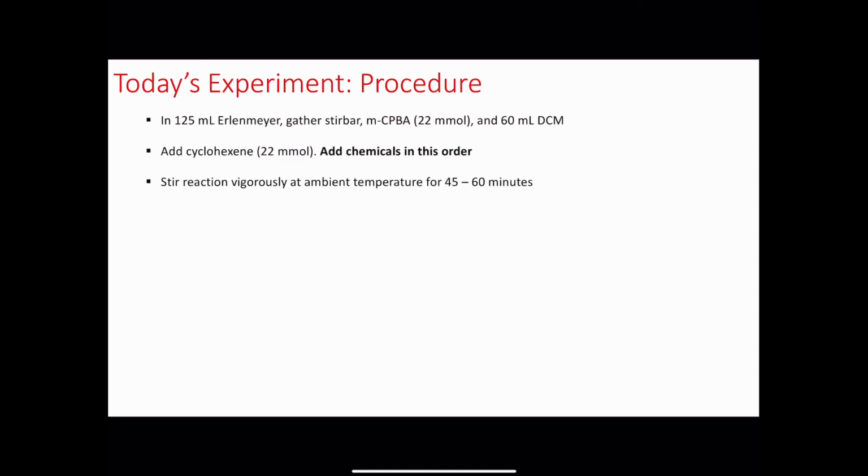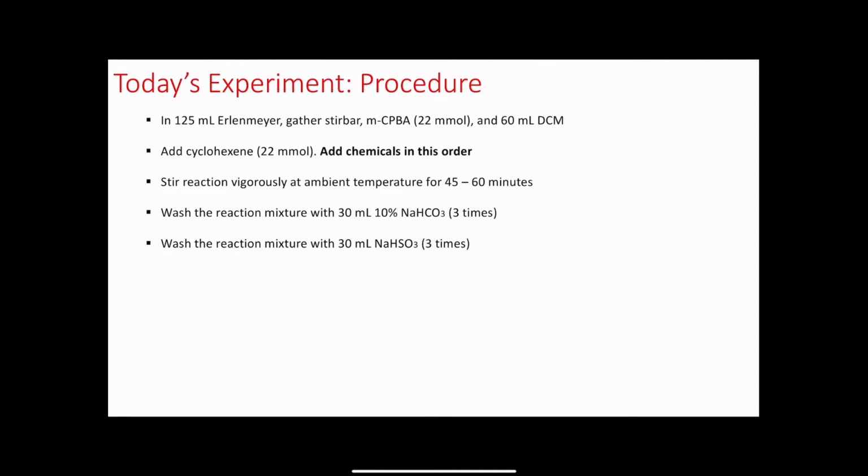Next, you're gonna stir the reaction mixture vigorously at room temperature for about 45 to 60 minutes. Then wash the reaction mixture with sodium bicarbonate to remove the carboxylic acid byproduct. Repeat this step 3 times in order to fully remove the byproduct.